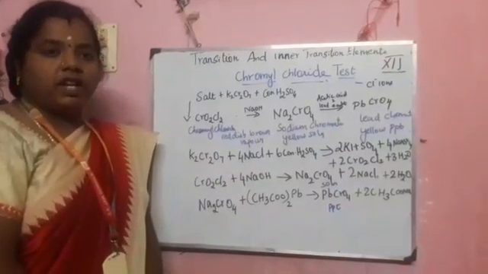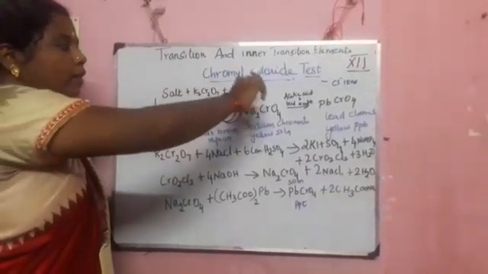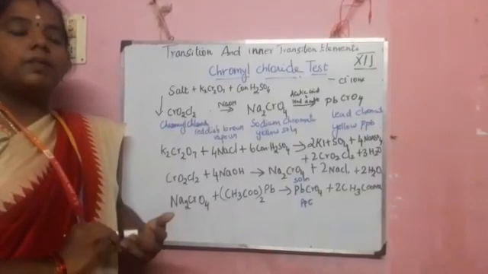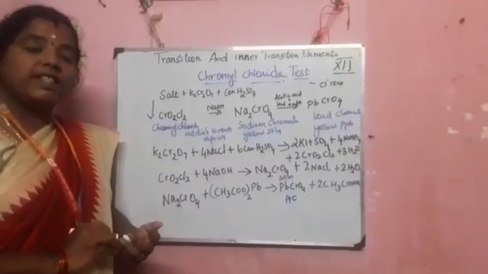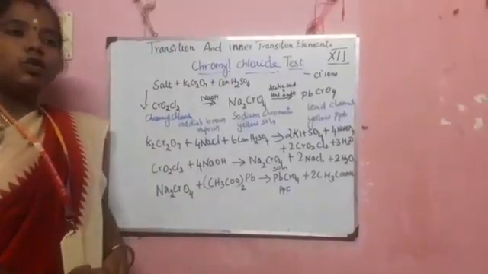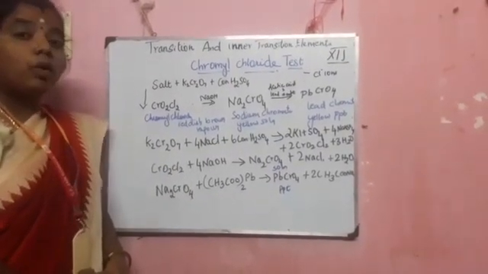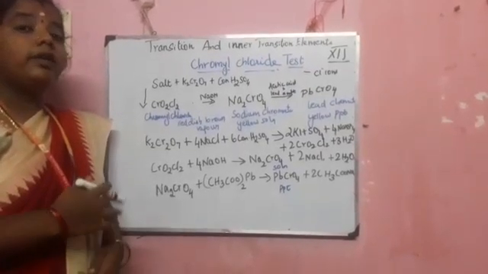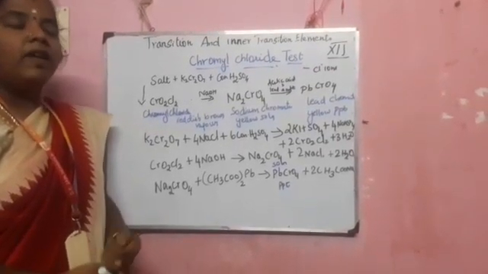Now we are going to see the chromyl chloride test. The potassium dichromate prepared is used in the laboratory for the confirmation of chloride ions. But not all chlorides can be confirmed.